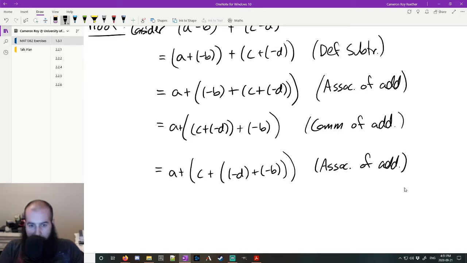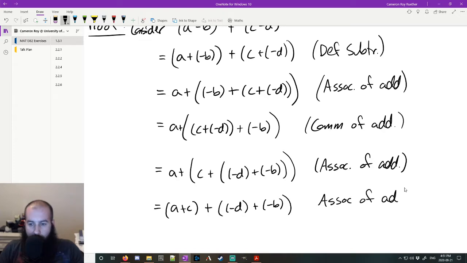And now we can associate these larger brackets to get A plus C together. This is again associativity of addition.